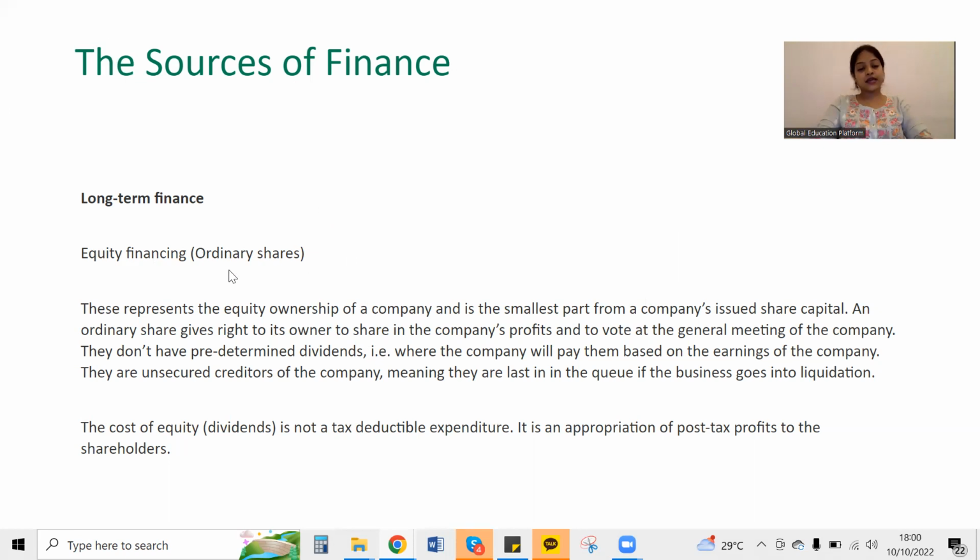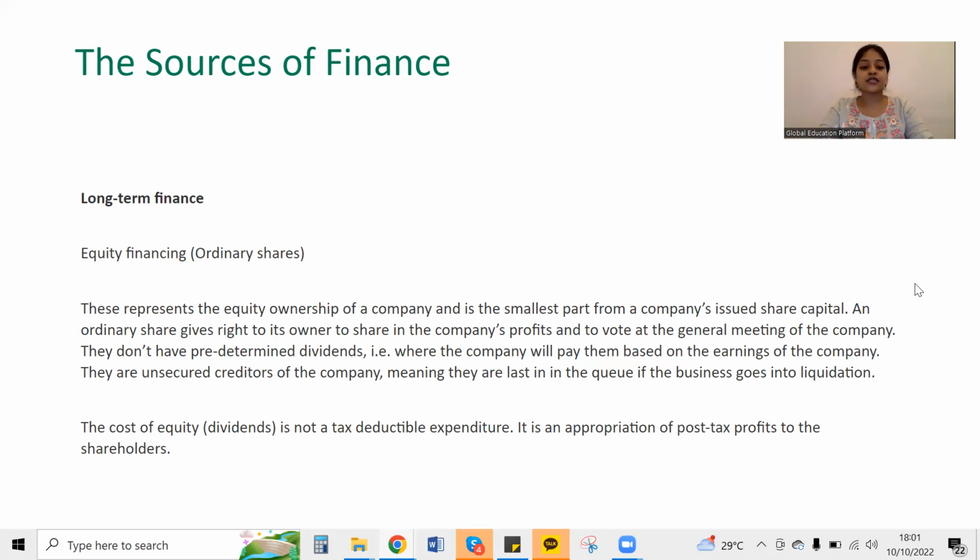So first we will be looking at equity finance, which is the ordinary shares. Like I told before, there are different shares, which are preference shares and ordinary shares, and that could be even further broken down. So we will look at ordinary shares here. These represent the equity ownership of a company and are the smallest part of a company's issued share capital. An ordinary share gives the right to its owners to share in the company's profits and to vote at a general meeting of the company.